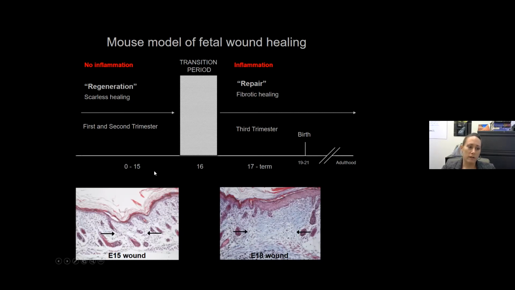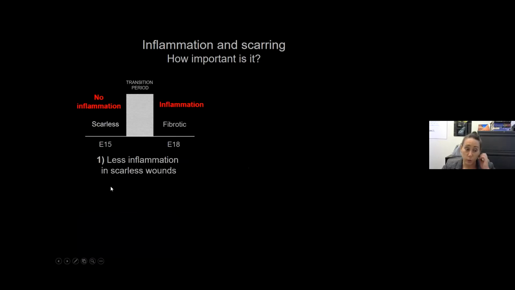So one line of evidence that we have is just what I just mentioned. Essentially, there's no typical inflammatory response in those early gestation fetal wounds that heal without a scar, and there's a lot of inflammation in skin wounds that heal with a scar.